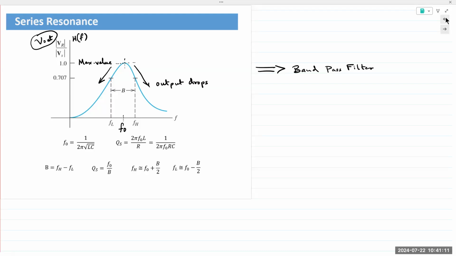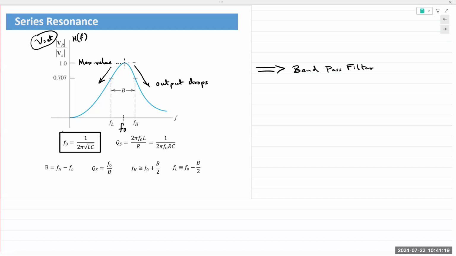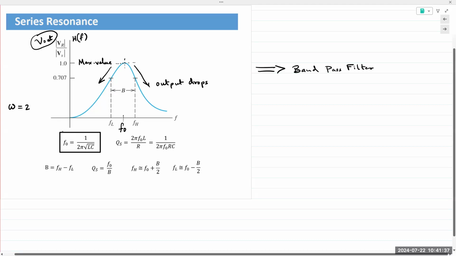So that one single frequency, which is the resonant frequency, is dependent on the values of the inductor and the capacitor, and is given by F0 is equal to 1 over 2 pi root of LC. This is true for both series as well as parallel. In terms of omega, omega is 2 pi f.